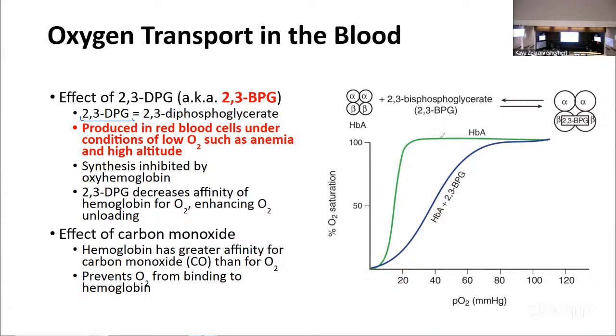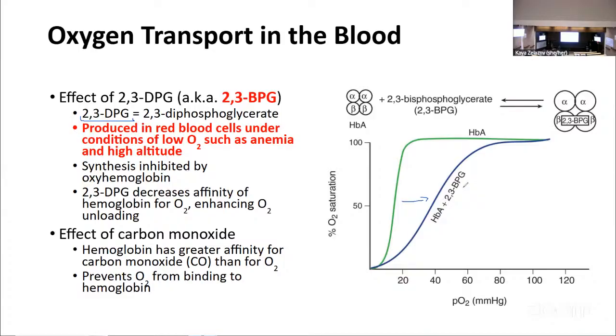But overall, when you see it, it's decreasing the affinity of hemoglobin for oxygen. So we see this rightward shift of our curve, which means we can let go of oxygen more easily. So we are enhancing our oxygen unloading. And by contrast, it's a little bit more difficult to put oxygen on there in the first place.